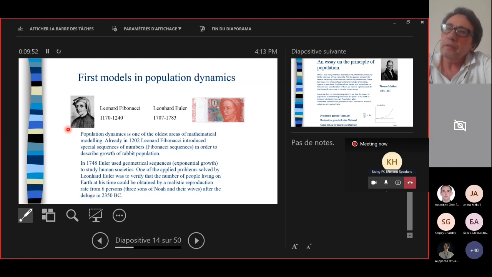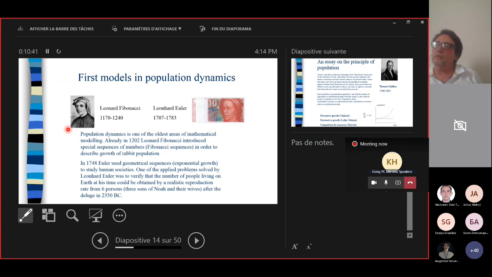By the way, it's a very interesting historical anecdote why Euler began to study this question. The reason was that, of course, he knew the Bible, and in the Bible one of the important stories was about the deluge, which eliminated the whole population, and only 3 families, 3 sons of Noah with their wives, survived, about 2000 years before Christ.